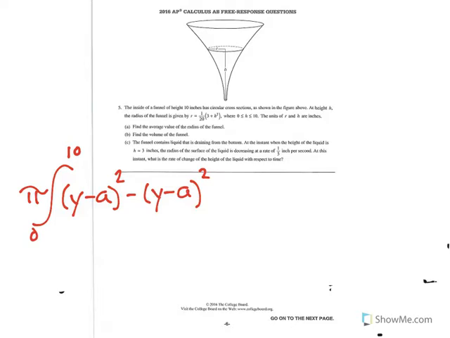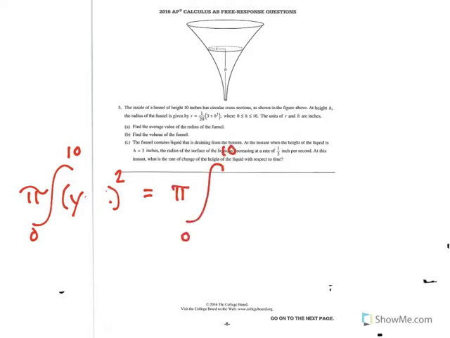Now, how many curves am I rotating? Well, I'm only rotating one curve, so I don't need the second one. The axis I'm rotating it around is the center, so I don't need this. So it's just going to be this equation right here.